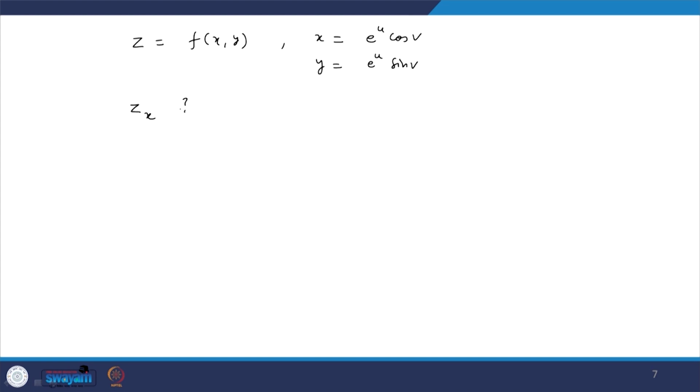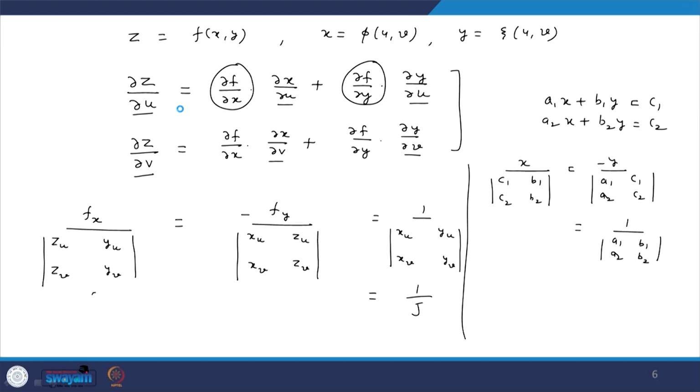So, how to find z_x? Just as we have defined f_x or z_x, it is simply 1 upon the Jacobian times a Jacobian.